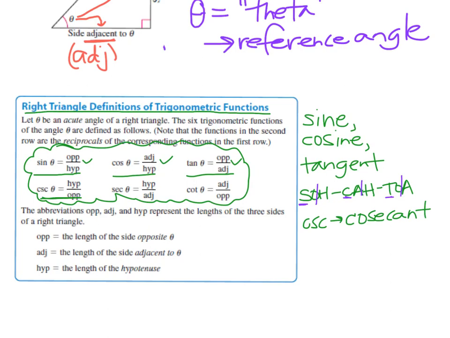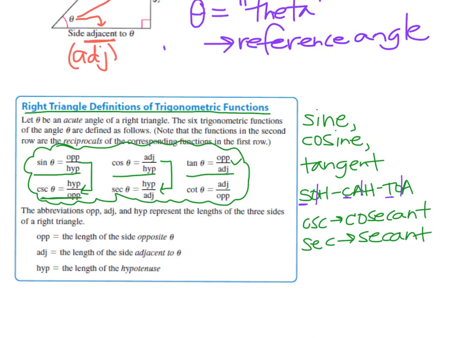It's just the reciprocal of sine, so sine and cosecant are reciprocals of each other. Then you have SEC, which is just secant. You'll notice it's hypotenuse over adjacent, so that's just the reciprocal of cosine.